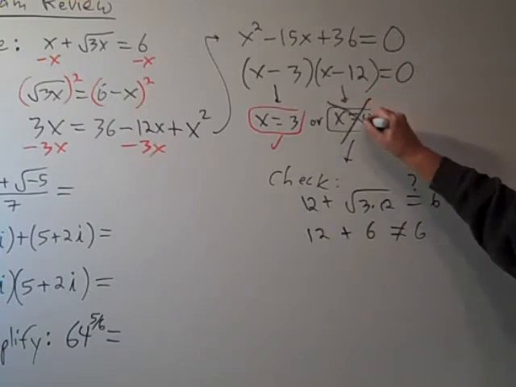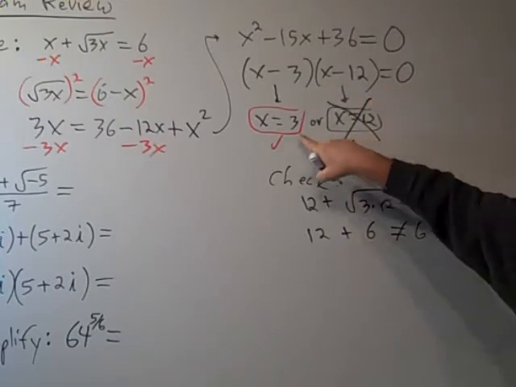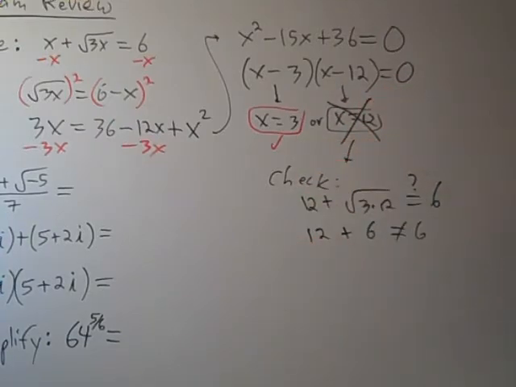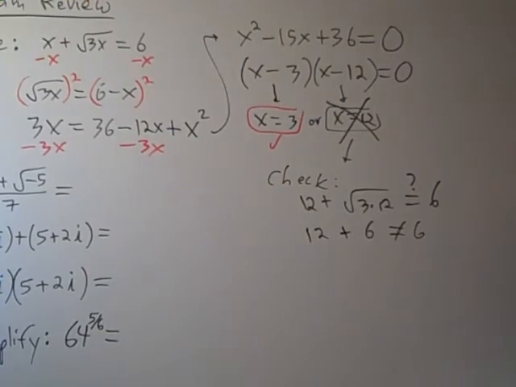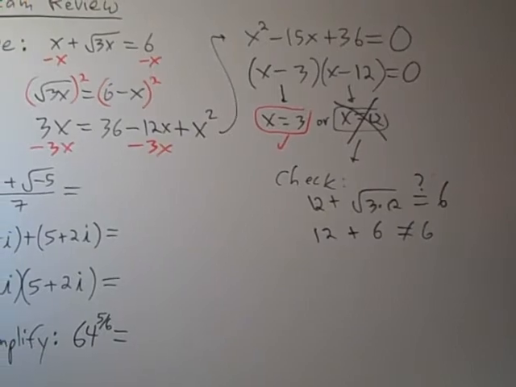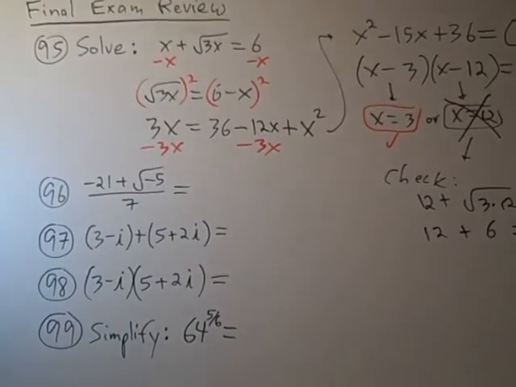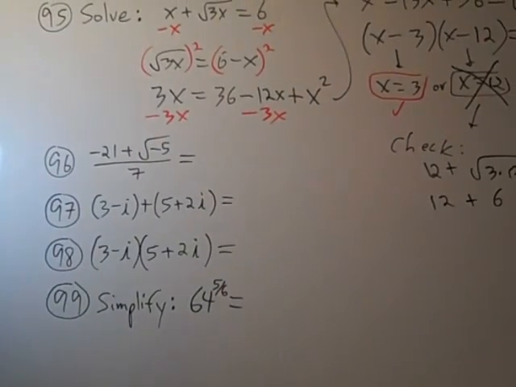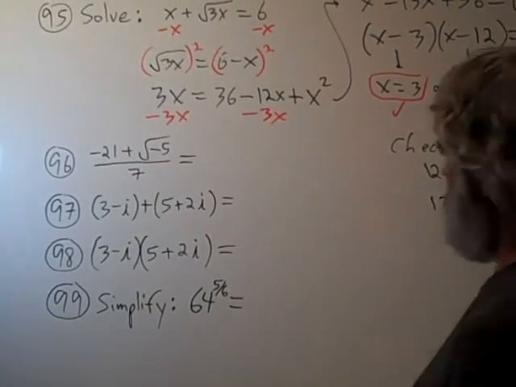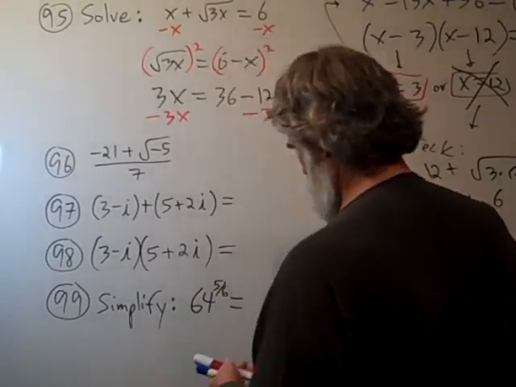So this possible solution didn't work, but that one did. So we have one valid solution to that equation. X equals 3. Okay, for number 96, they wanted us to write that as a complex number.